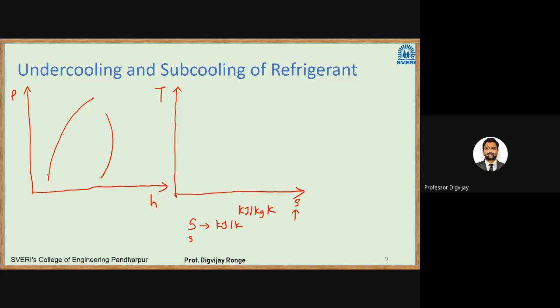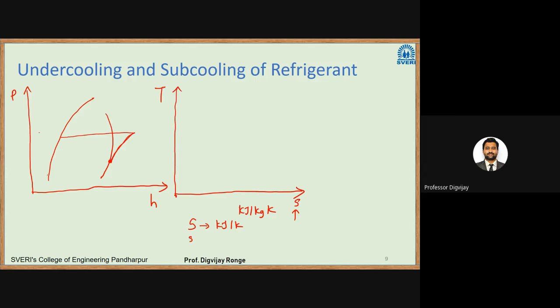So in this case, all the other processes will be the same. If I take point 1, there will be isentropic compression. Then it will pass through the condenser.